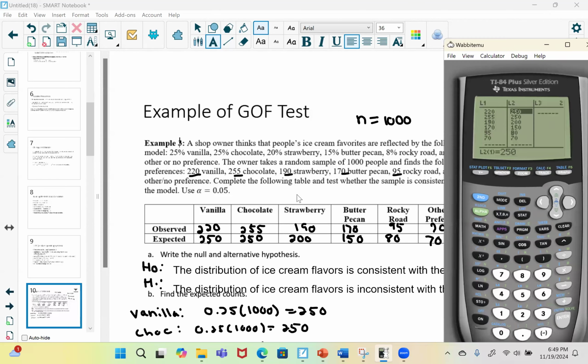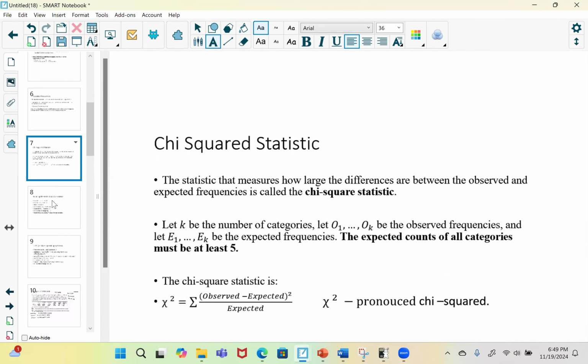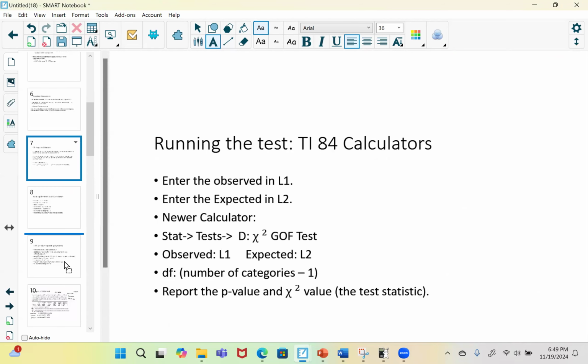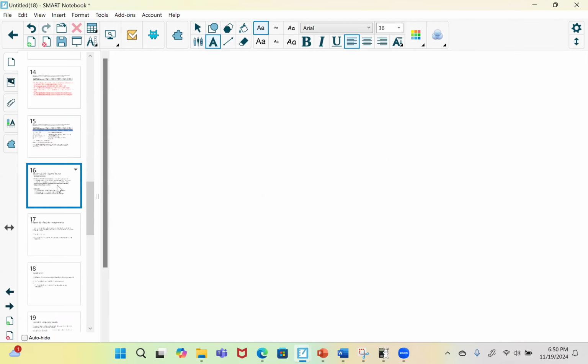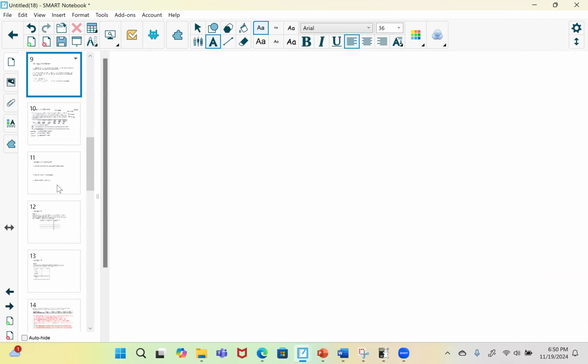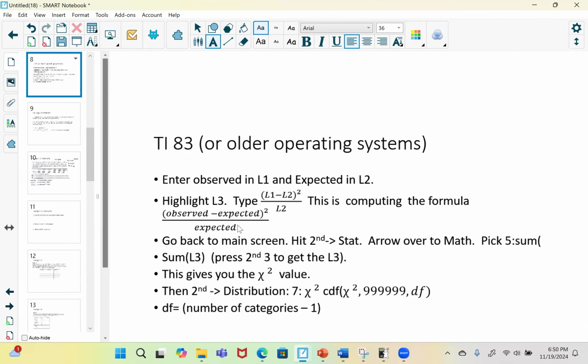Okay. After you do that, you're going to pretty much do this formula in your calculator. We're going to do that formula by just using our lists, so we don't have to do it by hand.